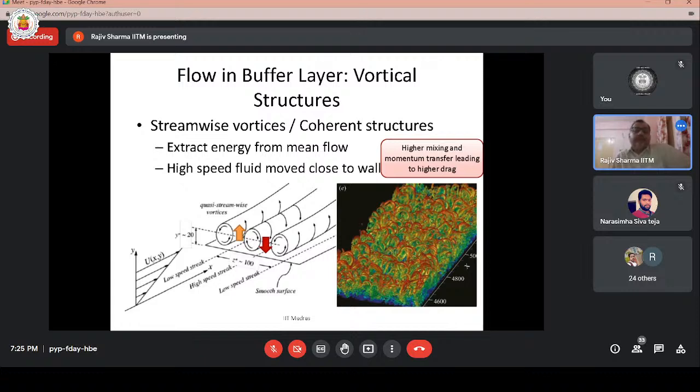So here, especially in the buffer layer, it is not because of viscosity, because viscosity dominates at the lower Reynolds number range. The higher mixing and momentum transfer will lead to the higher drag.